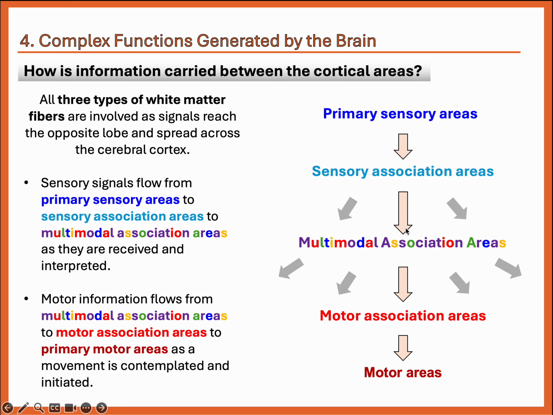You might see someone who's angry, right? You might feel someone who's punching you, right? All of this will be associated in this multimodal association area, all the senses together, and you're going to want to fight back. So you're going to send a signal to the motor association area and say, punch them. This is getting violent.